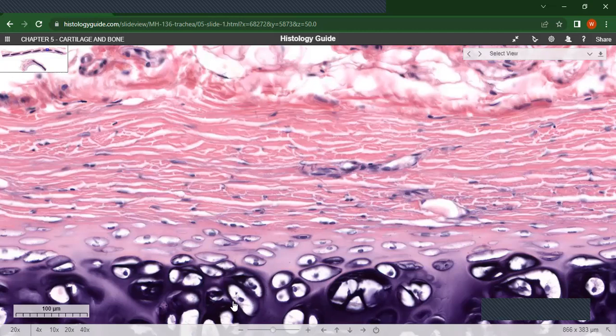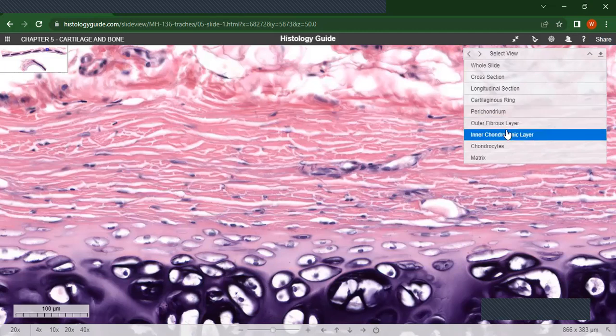These are the chondrocytes. The cells in the lacuna are the chondrocytes. These ones in the inner chondrogenic layer or the inner cellular layer of the perichondrium are the chondroblasts. So that is the perichondrium.